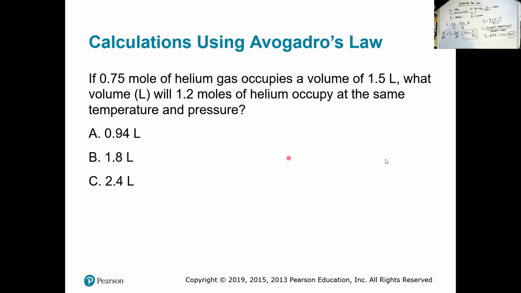So let's take a look at Avogadro's law, do an example here. Okay, and so for this one, we have V1 over N1 equals V2 over N2.